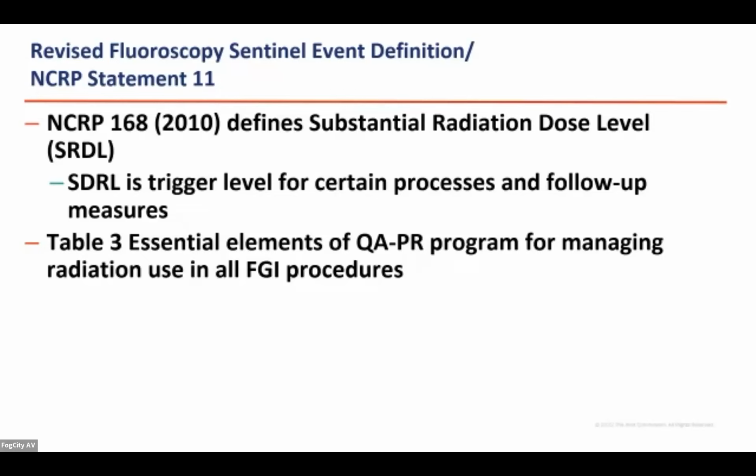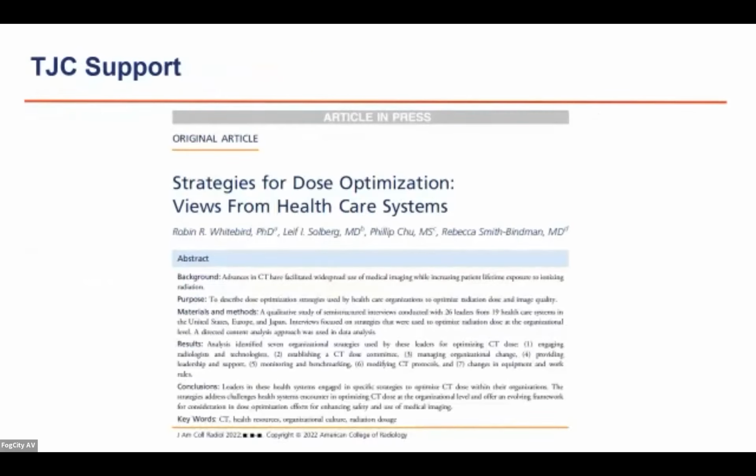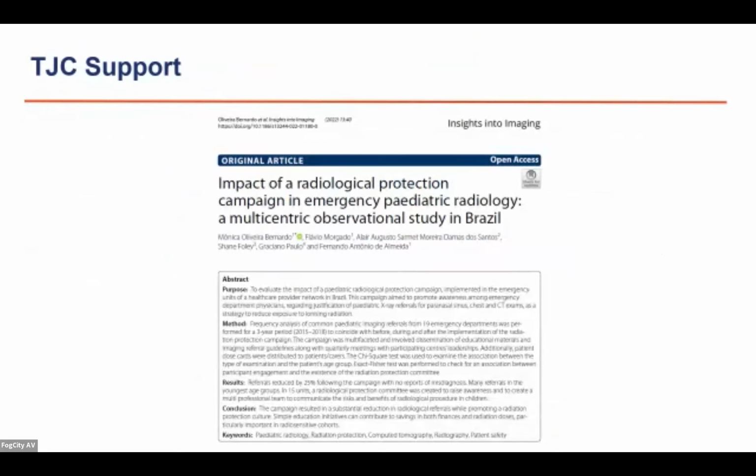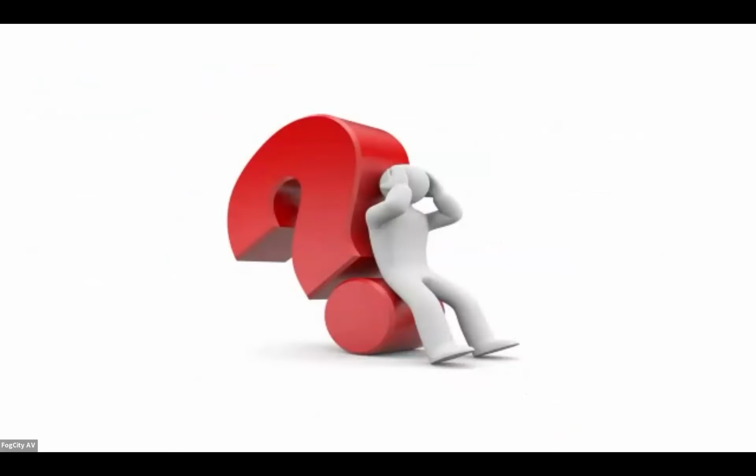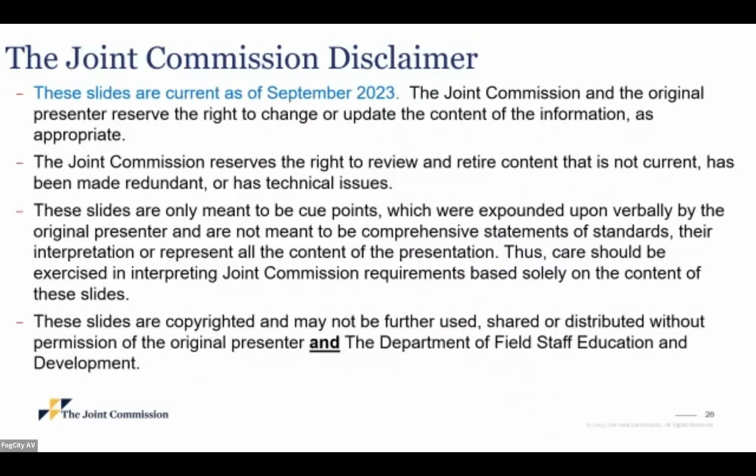Next slide. And I just put a couple articles in here just to let you know, all you have to do is Google this stuff, and you'll get a wealth of information. Next slide. So here's some dose optimization. Here's looking at pediatric doses. There's lots of numbers out there for you to get. So if you go to the next slide, that's my disclaimer. You can read that when you get them.